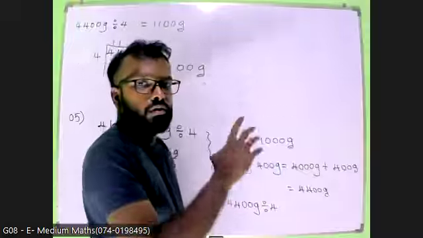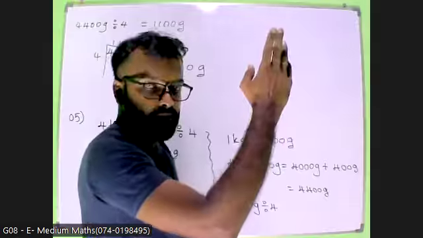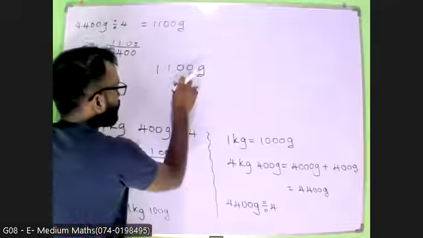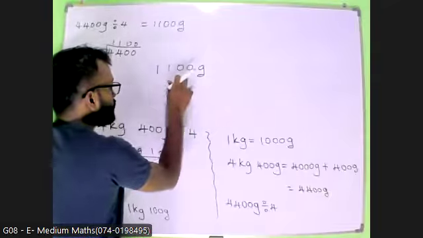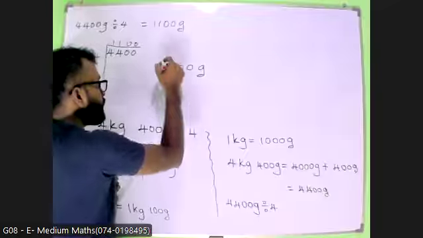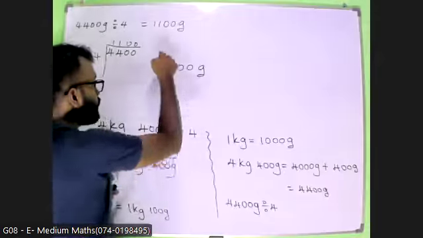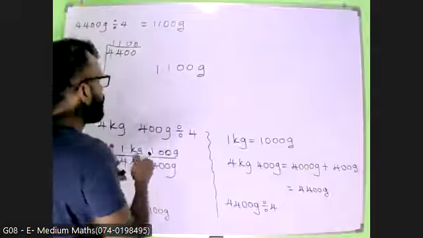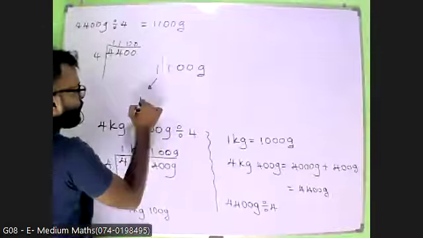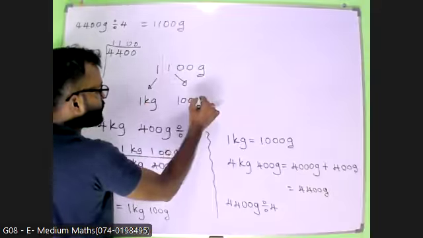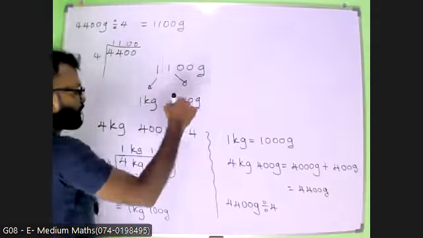Here you have 1100 grams. So the trick is this: from the end, you have to count 3 digits, 1, 2, 3, and put a dash. From this side, 1 kilogram. From this side, you have 100 grams. 1 kilogram and 100 grams.